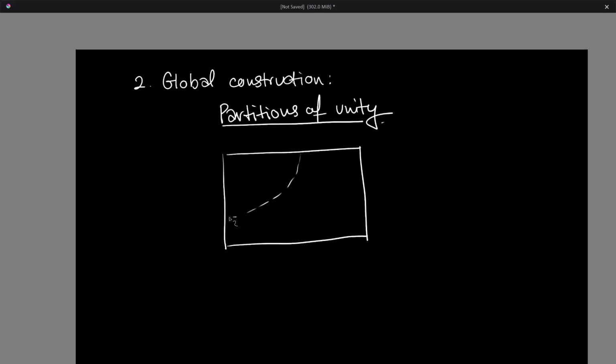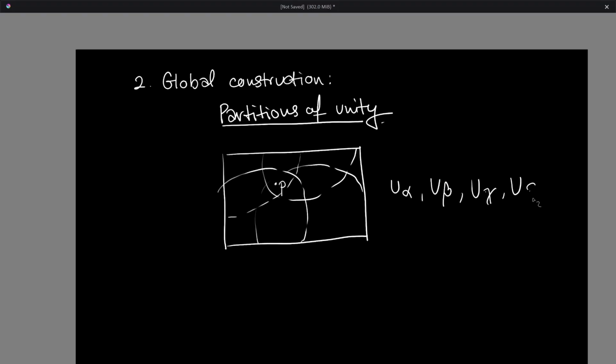Let's say that we're looking at this point p, and there are a bunch of open sets over it from our open cover: U alpha, U beta, U gamma, U delta, etc. So what we were doing in lecture 7 was weighting each of these, the contributions to the integral.